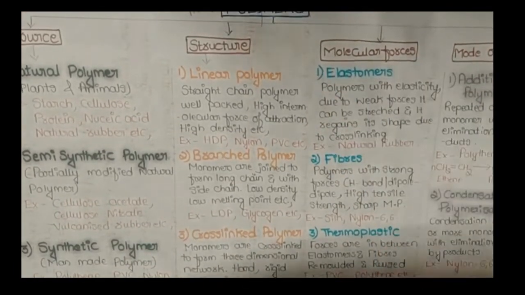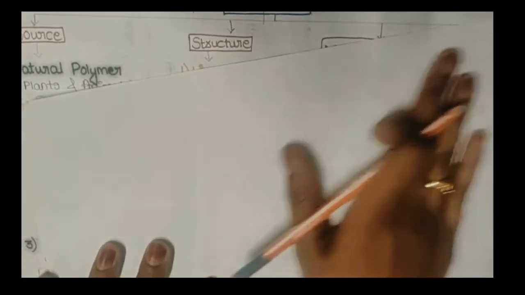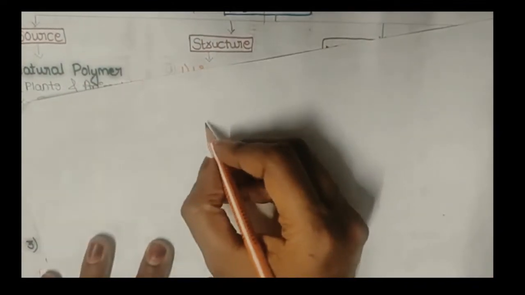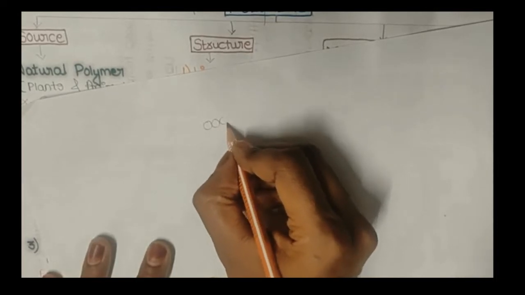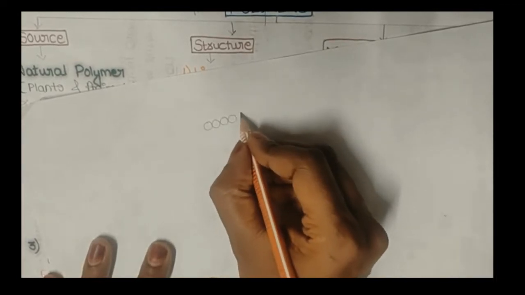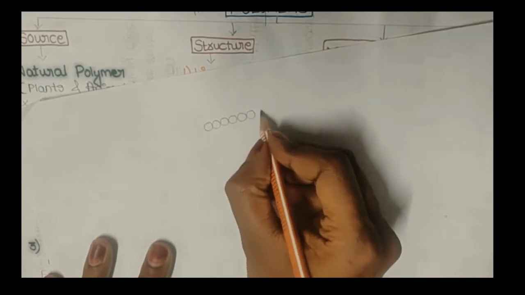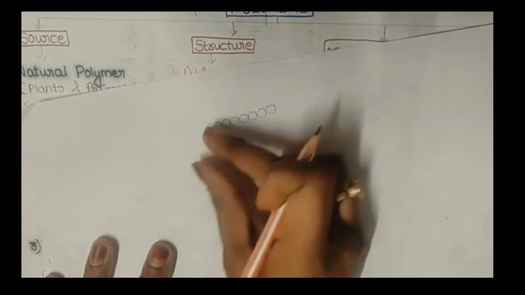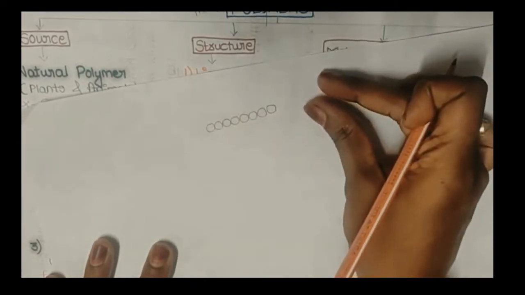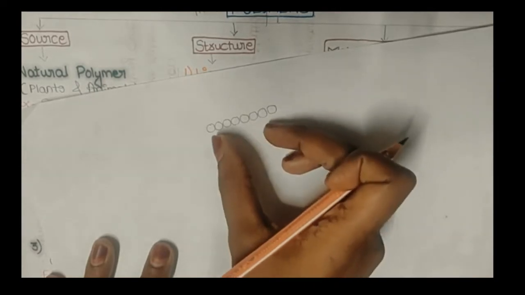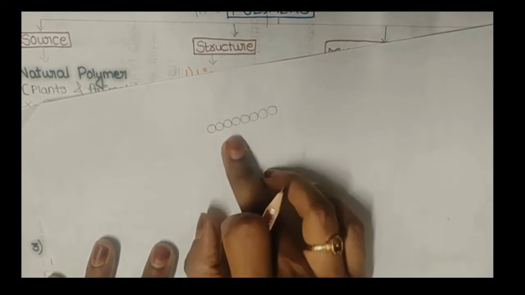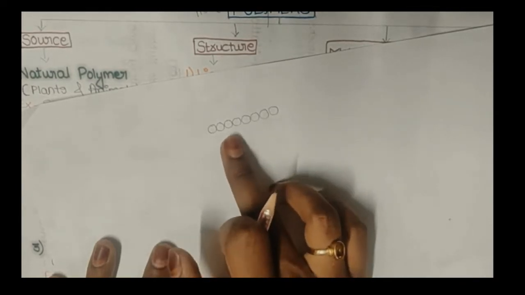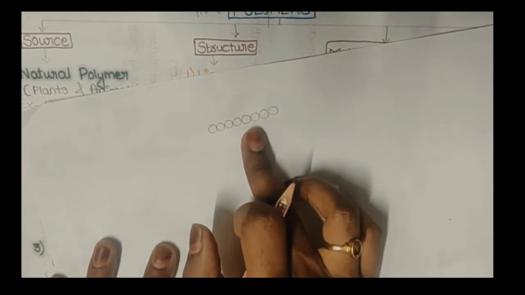In the case of a linear polymer, the monomers are joined together, so you have a very close packing of monomers to form a straight chain like structure. You can see here that the monomers are very tightly packed. That means they have a very strong intermolecular force of attraction.